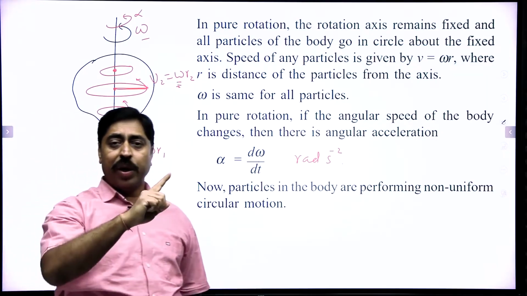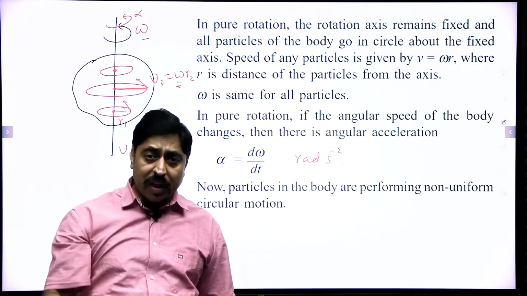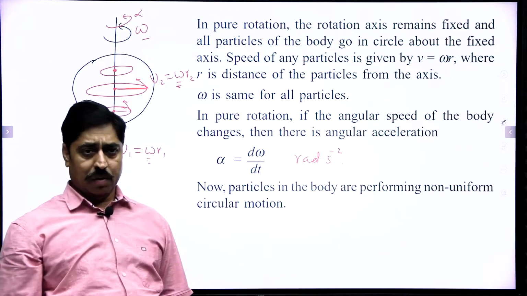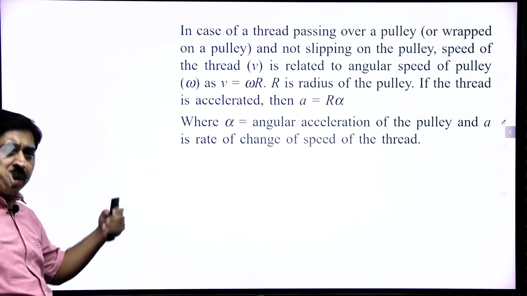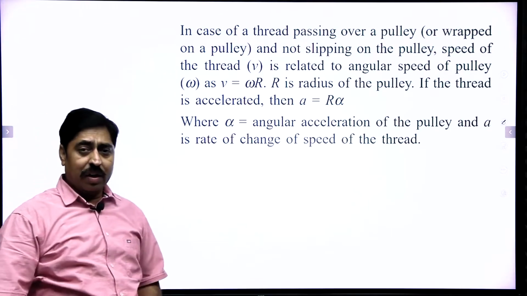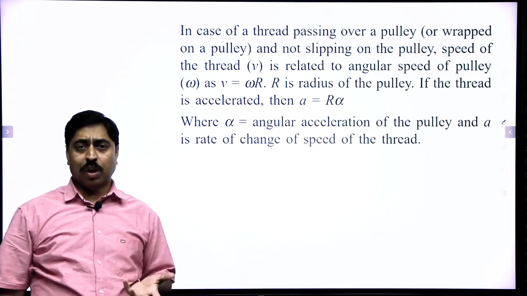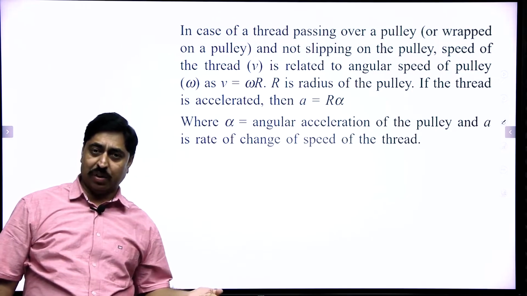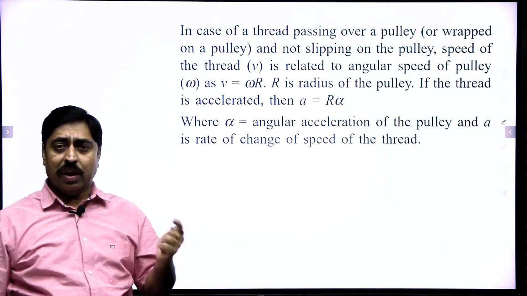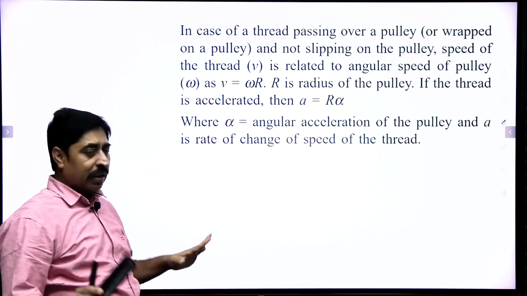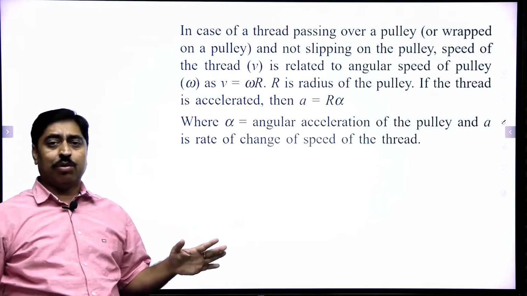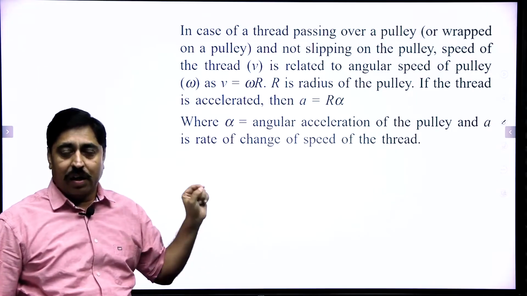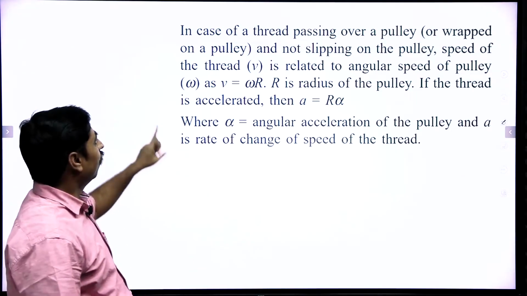So when a particle is going in a circle and its speed is changing, we say that its motion is non-uniform circular motion, right? And later on in some other video we will study that angular acceleration is caused by something known as torque. Just like force produces acceleration, torque produces angular acceleration. That is a topic which has to be discussed in some other video. Presently we are studying the kinematics of rotational motion.